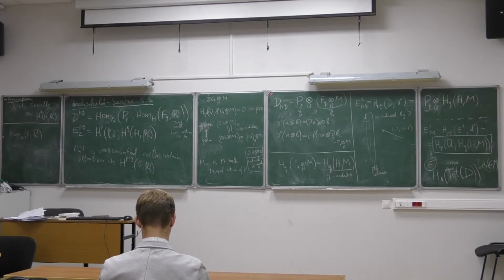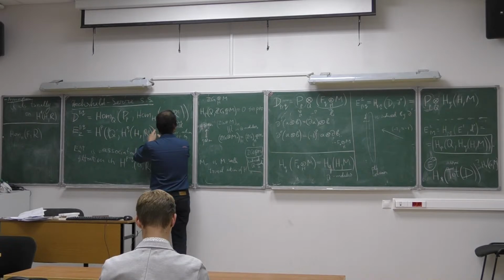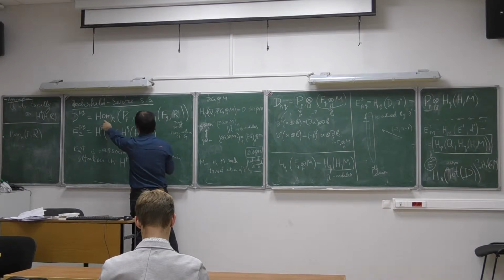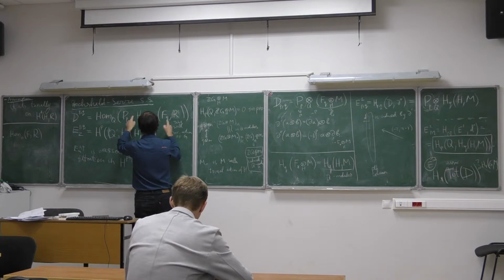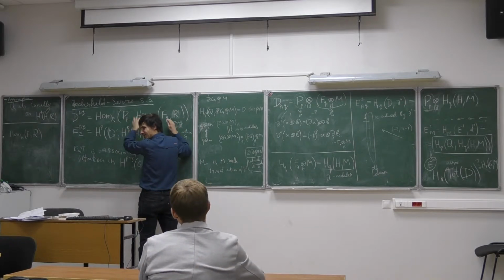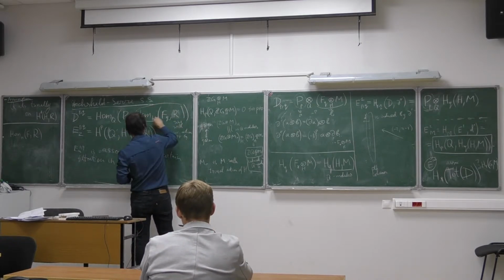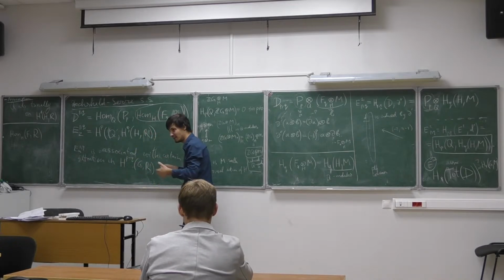And here we use this twice in this situation. First of all, here we have multiplication in this cochain complex. And second, we again have Hom from P to a ring. Now we have multiplication here, so this also becomes a ring.